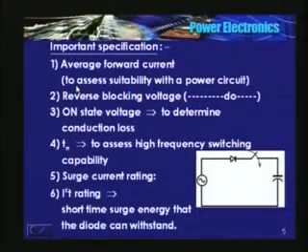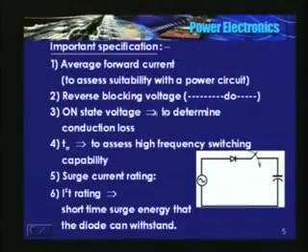It is required to assess the suitability with the power circuit. Depending upon the input voltage, the load and the duty cycle, the average current can be determined. I am saying duty cycle because the diode may not conduct for the entire cycle.